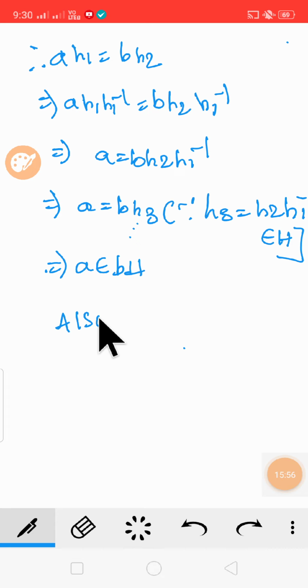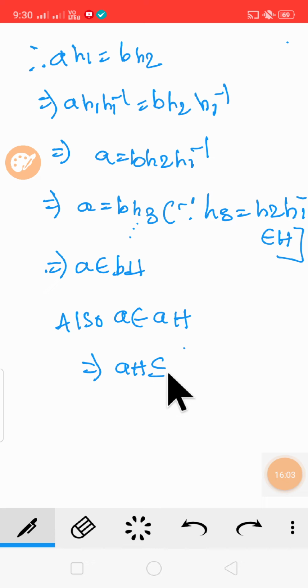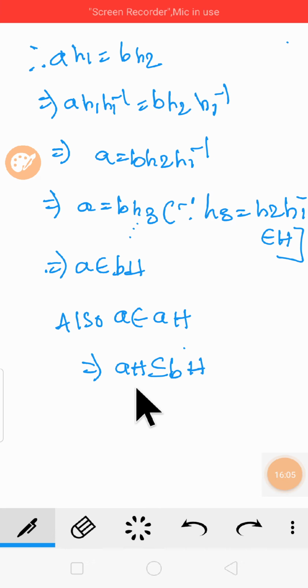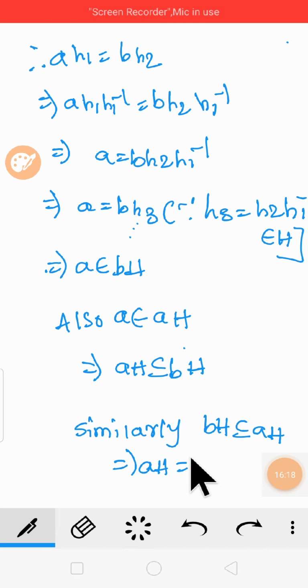Also a belongs to aH implies aH is a subset of or equal to bH. Similarly, bH is a subset of or equal to aH, which implies aH equals bH. Here h3 belongs to H, so a belongs to bH. Also a belongs to aH.